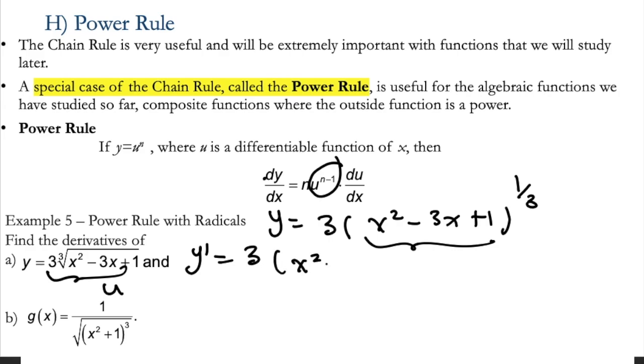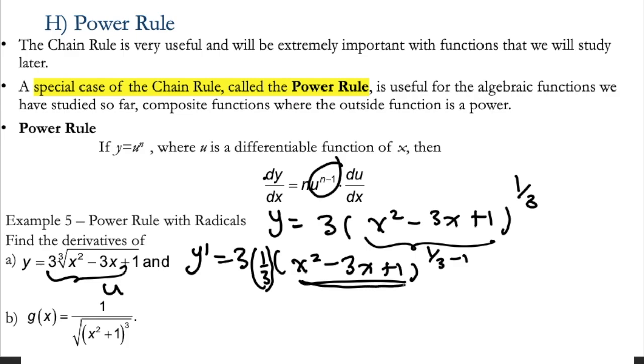So here x squared minus 3x plus 1, and then bring 1/3 here. Because the space is not enough and it's not clearly nice, I change to multiply by 1/3. There you go.